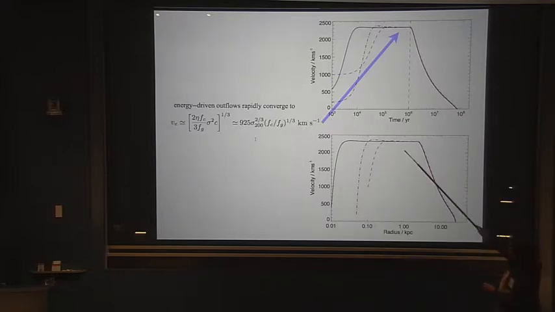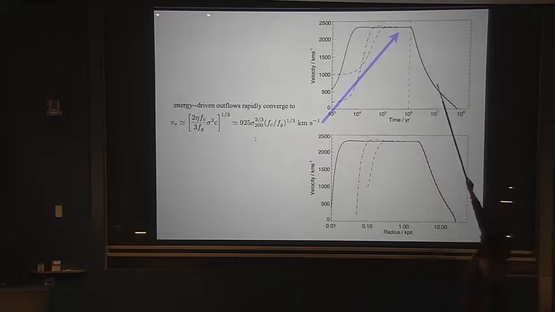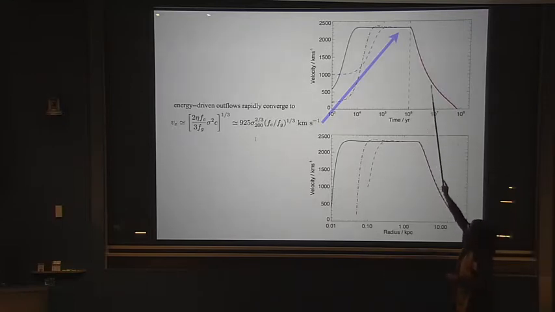You find velocities rising to the order of about 2,500 kilometers per second or so. What is interesting is that your velocities drop off, because then you no longer have the kind of density outside the bulge to support this, so you fall off. What's interesting is the time scale on which you fall: about 10 to the 6th years.